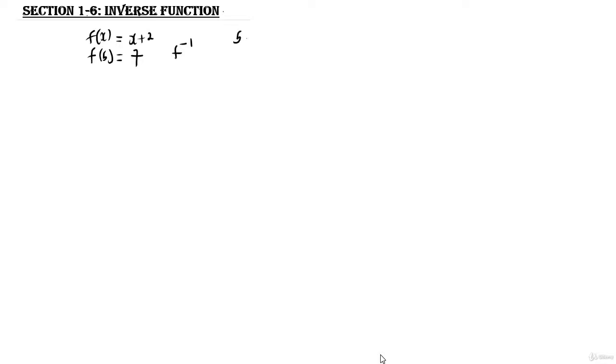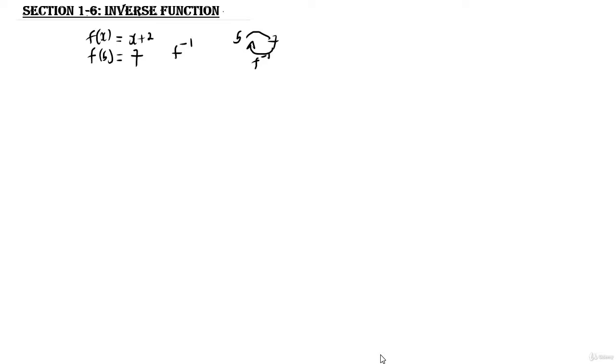From 5 we got 7, so the inverse function is going to take 7 and bring us back to 5. So this is the inverse. We denote this as f raised to the power of minus 1.